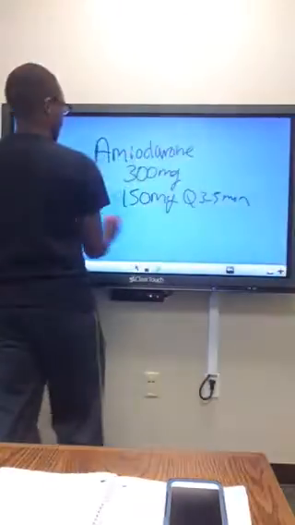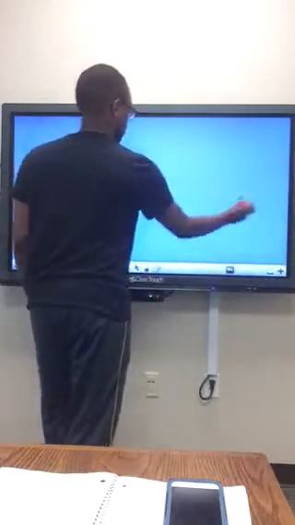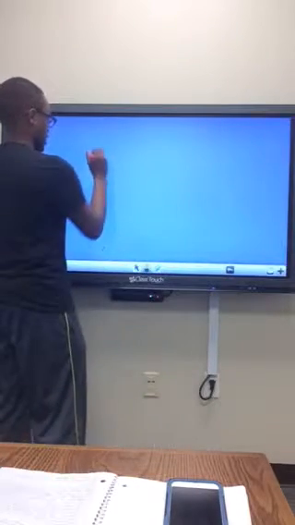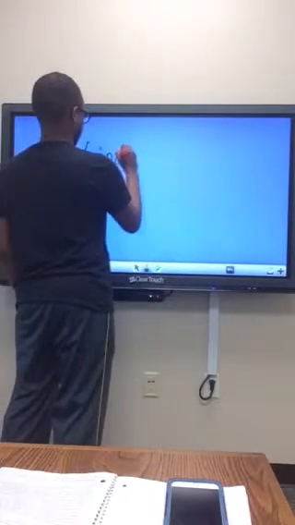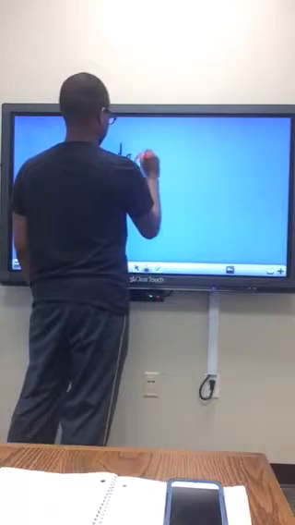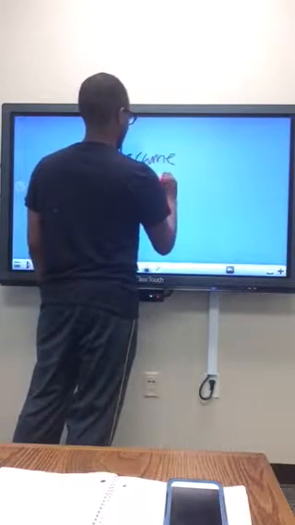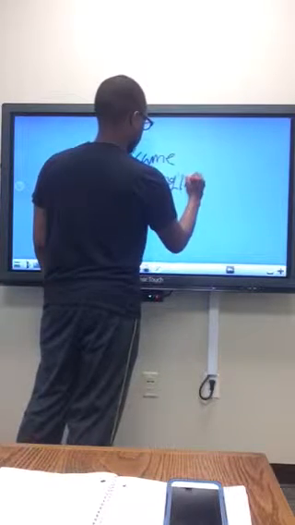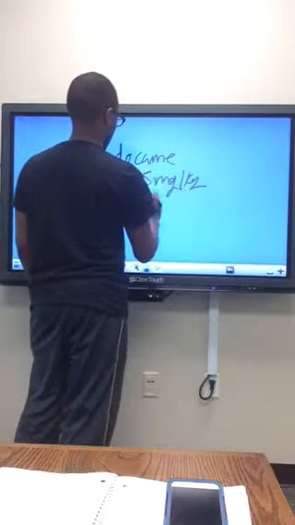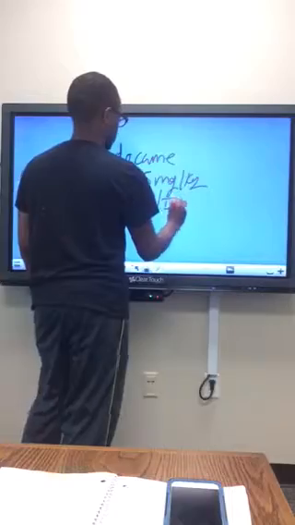Now, our last drug for the V-tach, V-fib, is lidocaine. And that is given in a dose of 1 to 1.5 milligrams per kilogram, and that's given through IV or intraosseous.